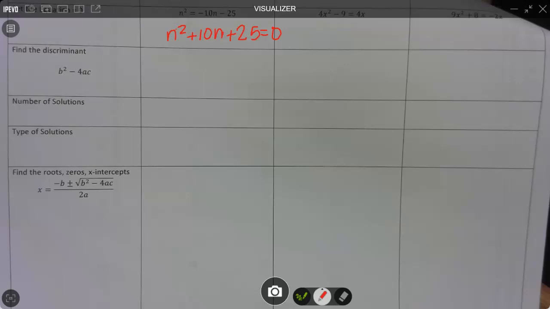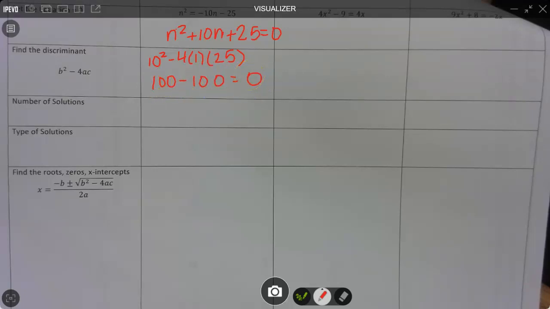After I get it set equal to 0, I'm going to find my discriminant. So take b squared minus 4ac. I get 100 minus 100.